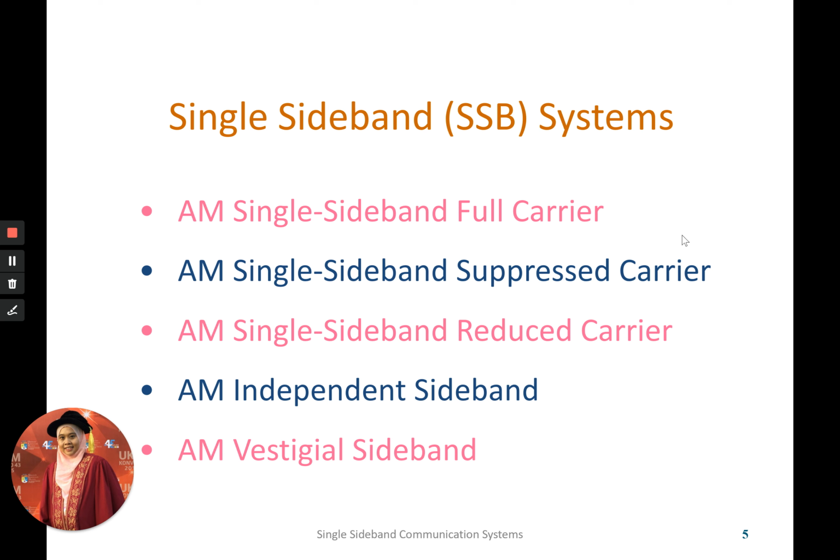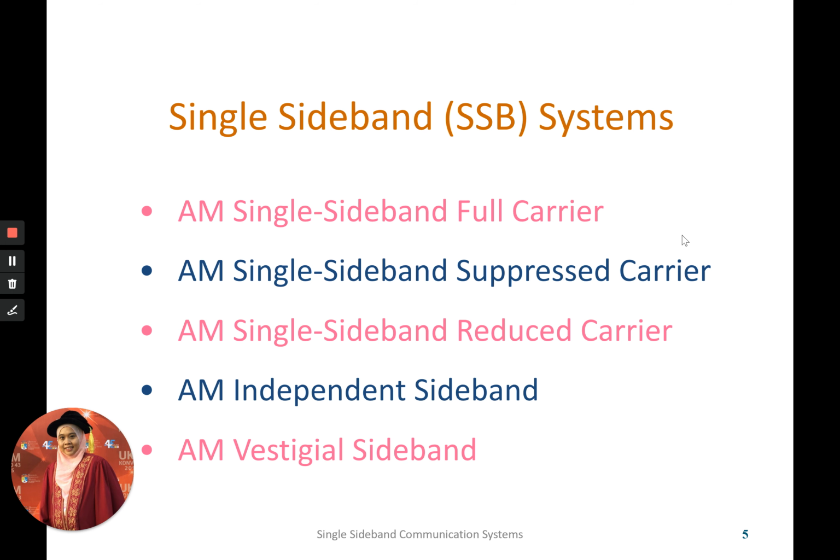Second is SSB suppressed carrier. Basically we don't want to transmit the power of the carrier signal inside the AM signal. The third is AM SSB reduced carrier. This type of signal has a carrier signal but with very low energy. The fourth is AM independent sideband, and lastly the AM vestigial sideband.